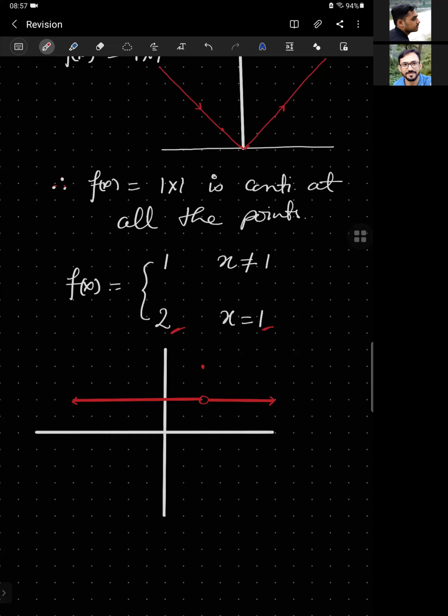So when we are making this graph, we need to lift up the pencil. And if we need to lift up the pencil, that means the function is discontinuous.